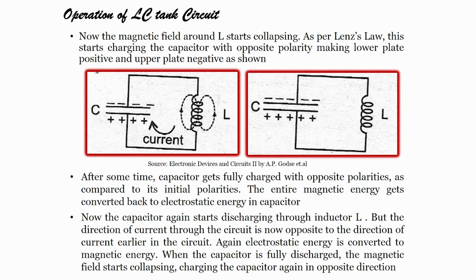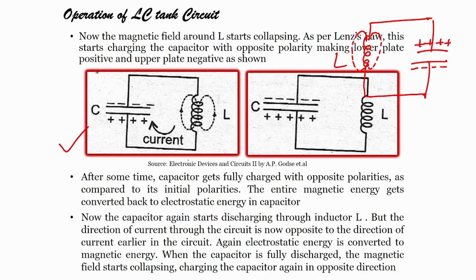So, what we have seen, the capacitor is charged initially with plates in this particular fashion, right, then it is connected to an inductor. So, what will happen, the capacitor will start discharging and the inductor will start charging. So, magnetic energy is there, right, this is what is shown here.